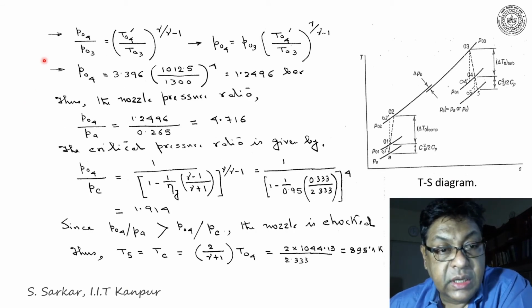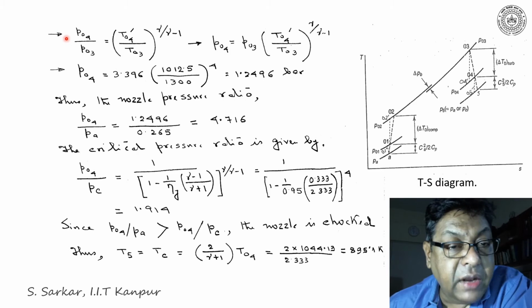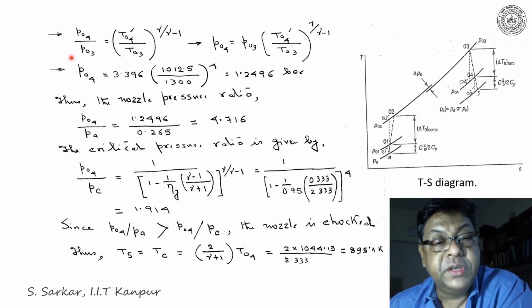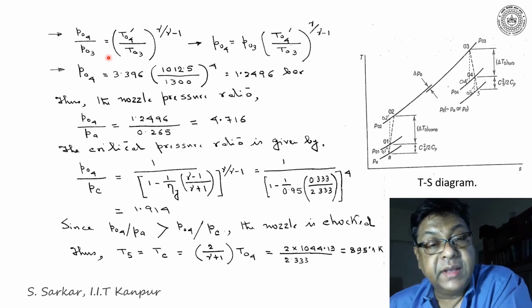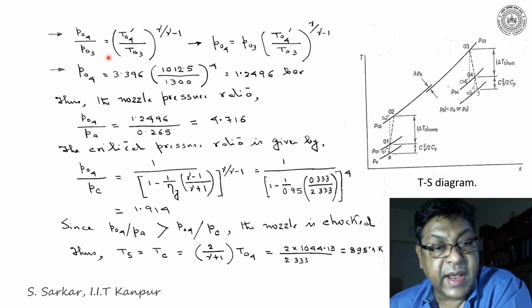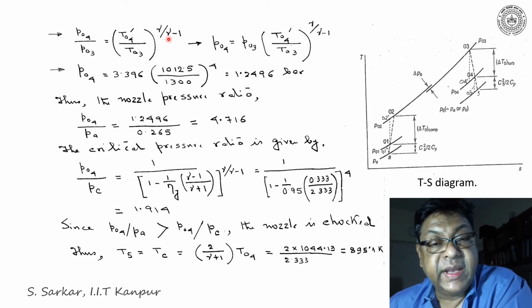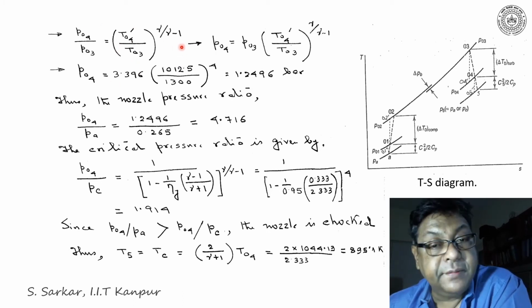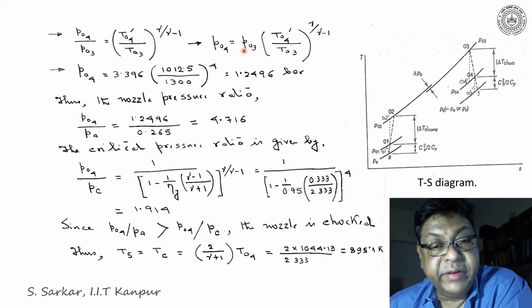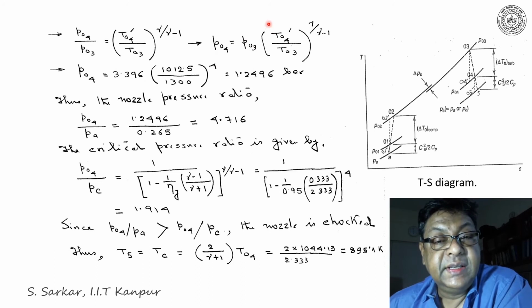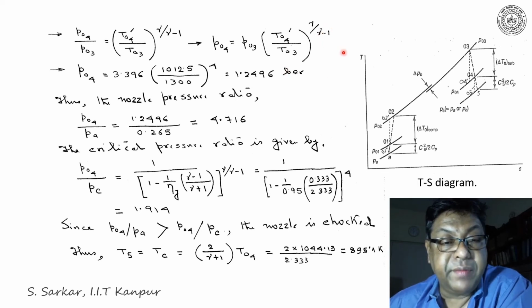Now, look, I have evaluated P04 by P03 now by the isentropic relation as T04 dash divided by T03 to the power gamma by gamma minus 1. Thus, I have written P04 is equal to P03 within bracket T04 dash divided by T03 to the power gamma by gamma minus 1.